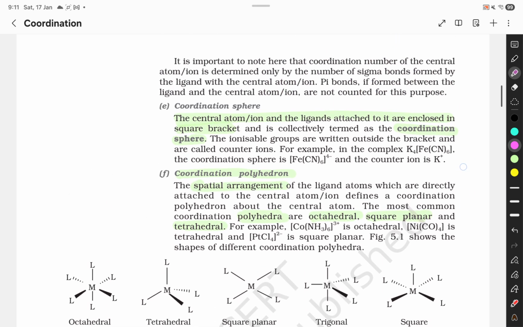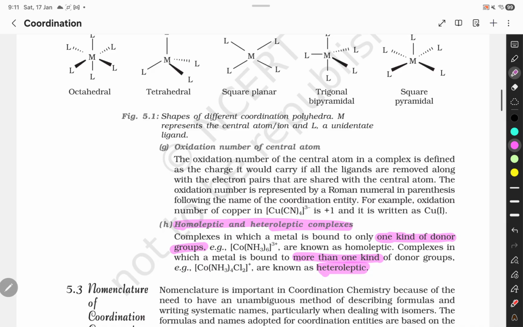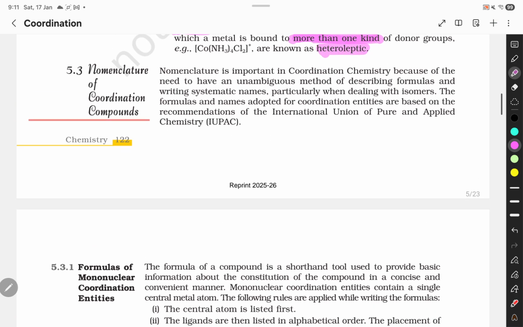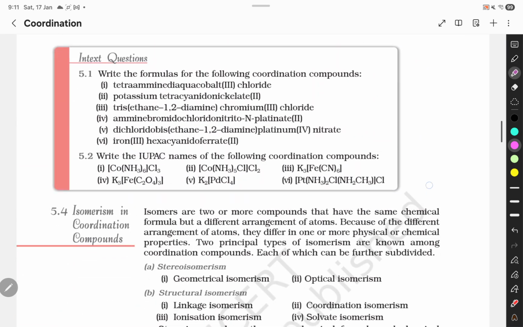If you want, you can go through it by pausing the video. They only told something decent about homoleptic and heteroleptic that we tend to miss, which is that homoleptic is one kind of donor group, heteroleptic is more than one, and that just comes by the name, right? And I'll be skipping nomenclature for now because it is very, very easy and we have all probably learnt it.